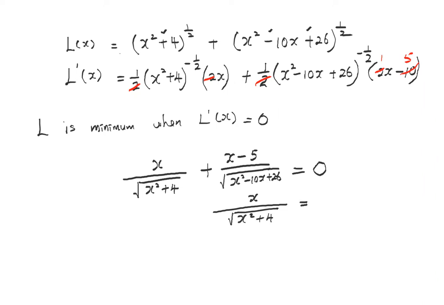If you transfer, the negative will become positive, the positive will become negative, all right? So I will write 5 minus x divided by square root of. When you do this, left-hand side is 1 term, right-hand side is 1 term. So to make my calculation easier, I square both sides. Clear? So this is one of the techniques.